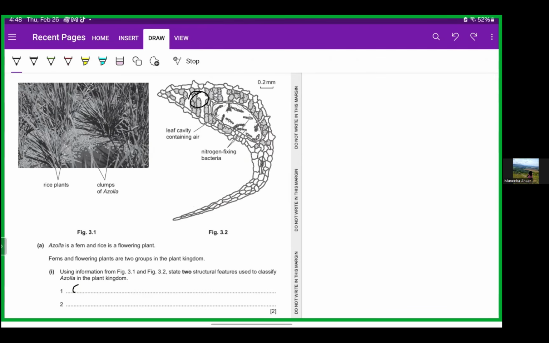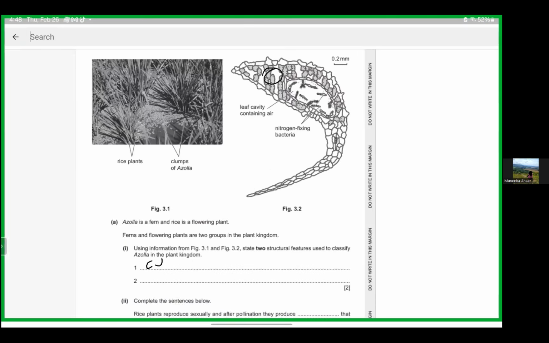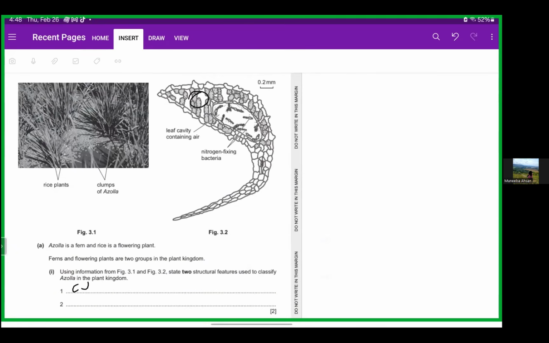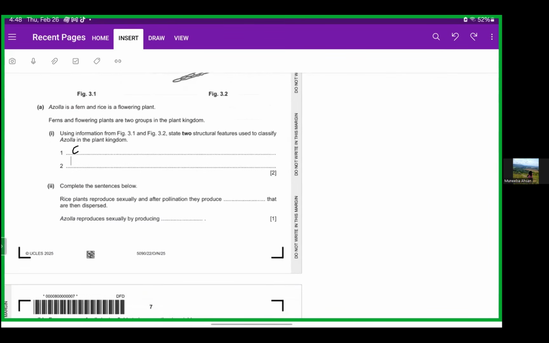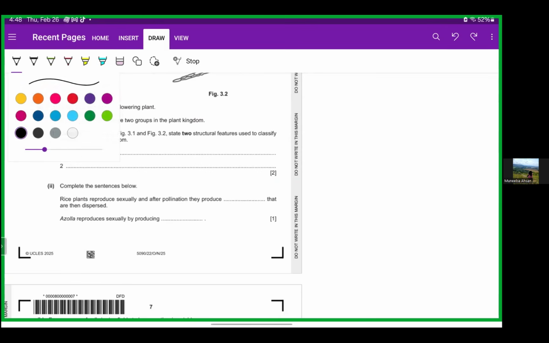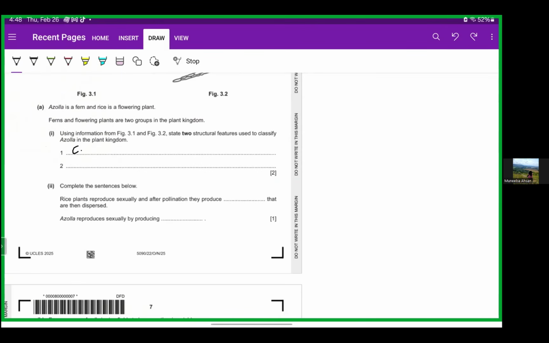Even if you can't spot it in the picture, you should know what differs a plant kingdom, right? They have a cell wall and they have the chloroplasts. But you can clearly see those two things in the picture as well.